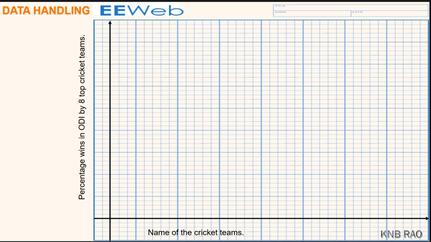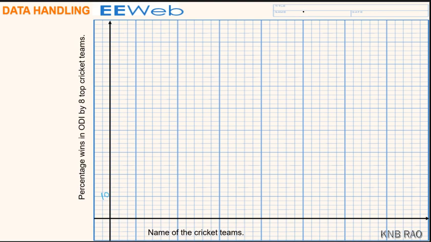Then the scale I am going to fix. Here each unit of the y-axis, I am considering as 2 wins. That means up to here I took 10 because 5 divisions are there.